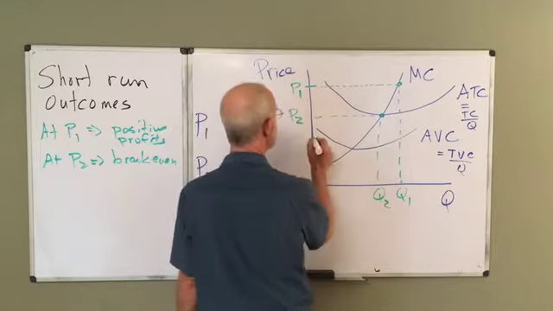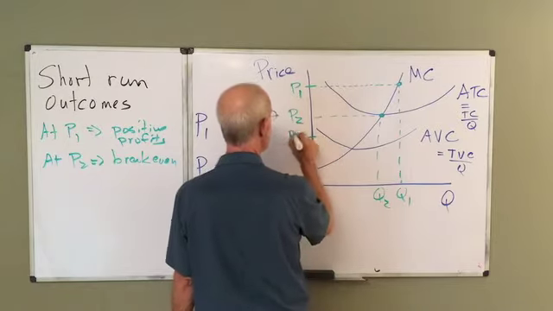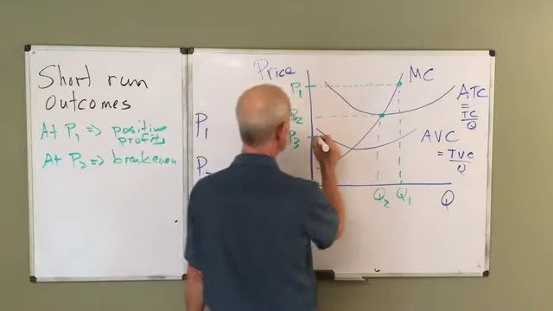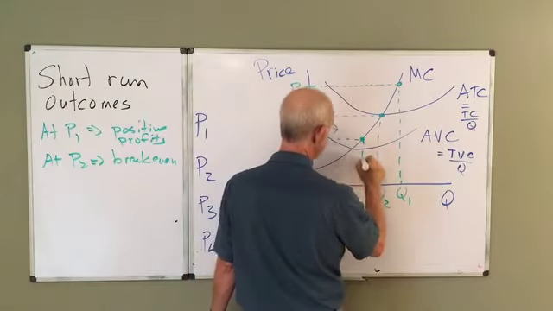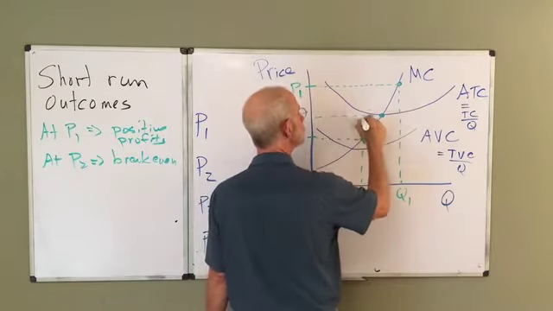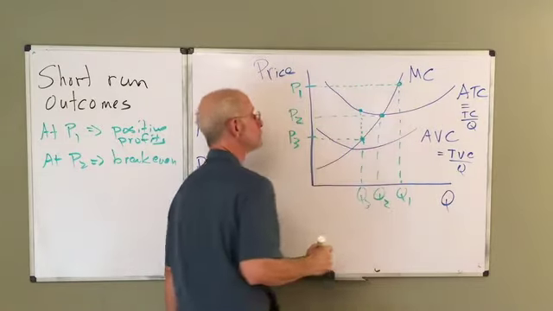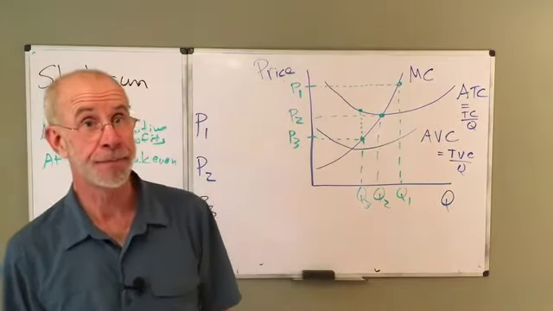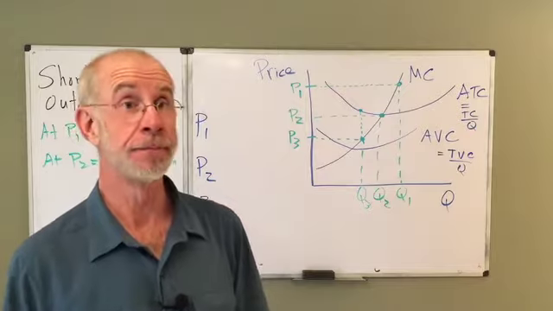Okay, so let's say that price is now P3 instead. So we go over here. There's the quantity. Average total cost is greater than the price. They're losing money.